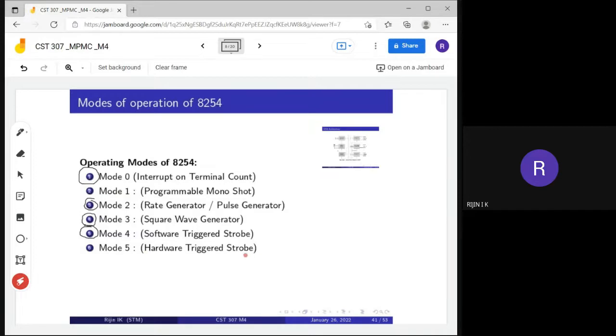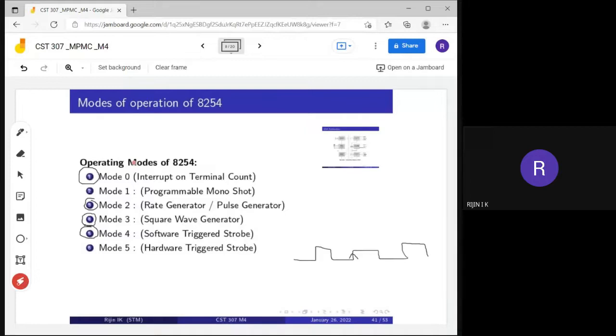Then only it will start decrementing the counter value. Here the clock pulse is like this. So in mode 1 and 5, it will start decrementing only when the gate signal rising edge occurs.